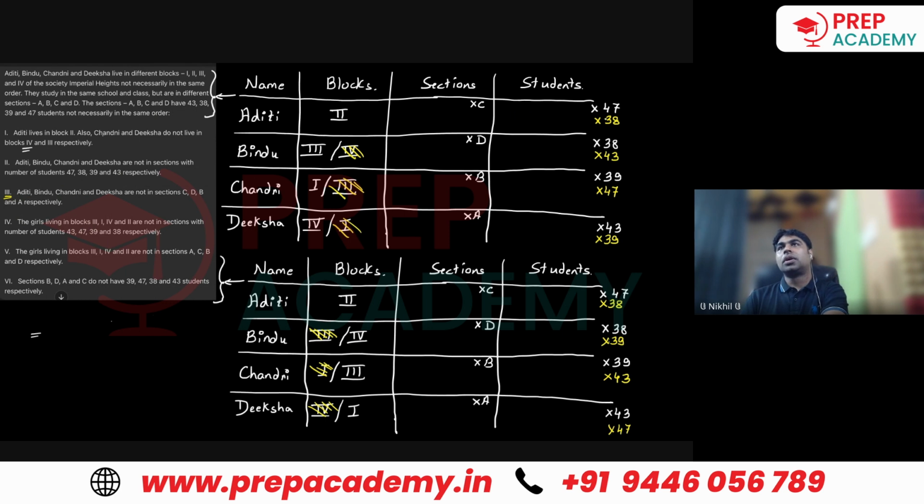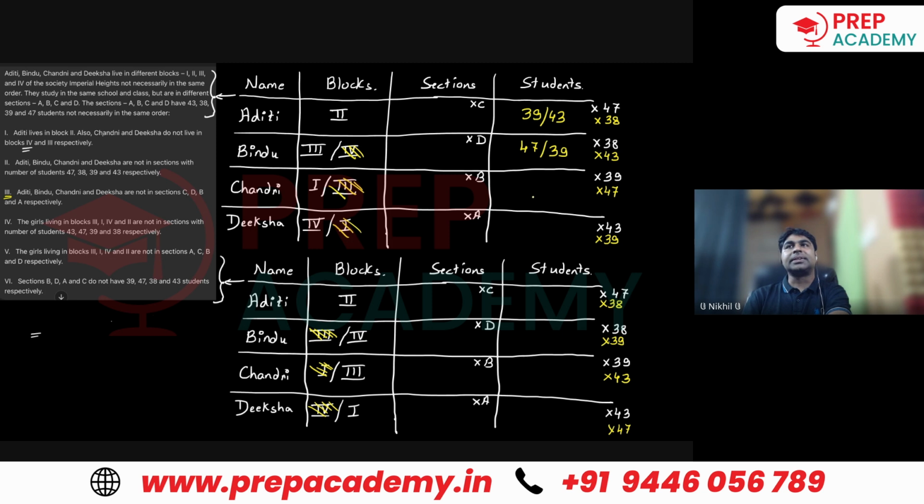How? If 38 is not possible here, 47 is not possible here, then obviously what will be the two cases? 39 and 43. And if 38 and 43 are not possible, then what would be the other case? 39 and 47, but because there is already 39, we will make 47 first and then I'll write 39. Is it okay? Yes, sir.